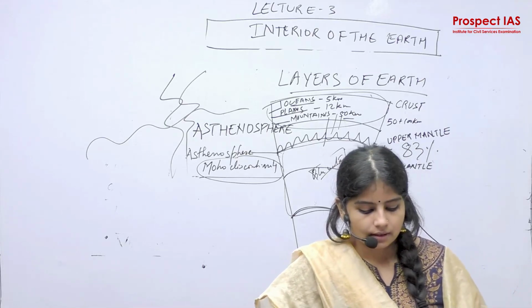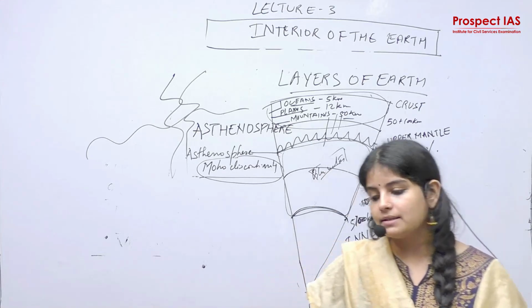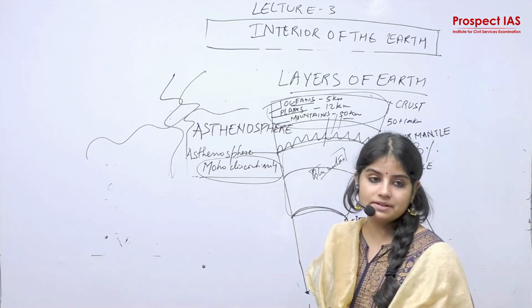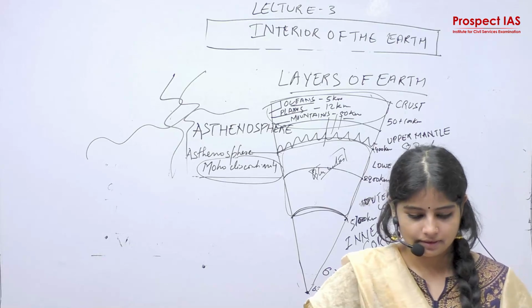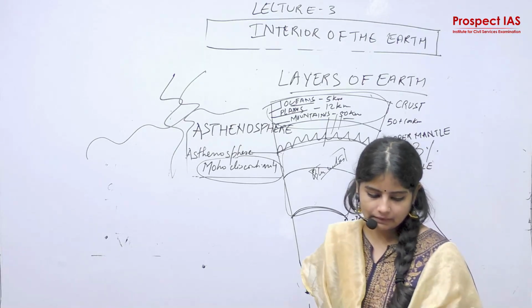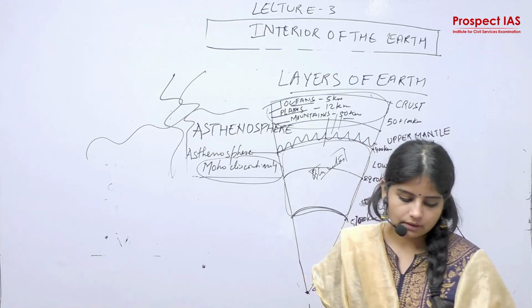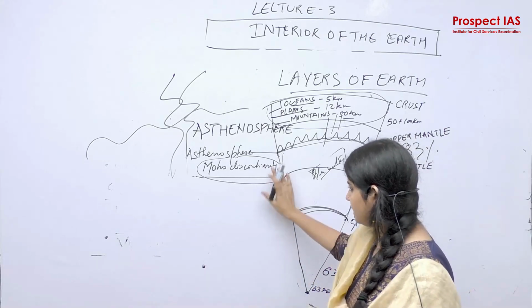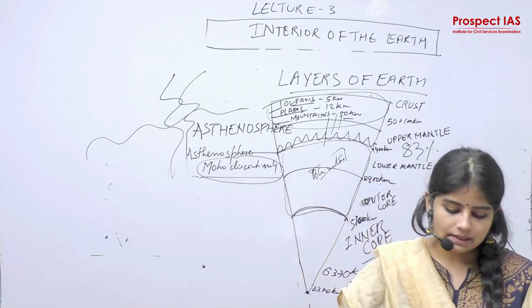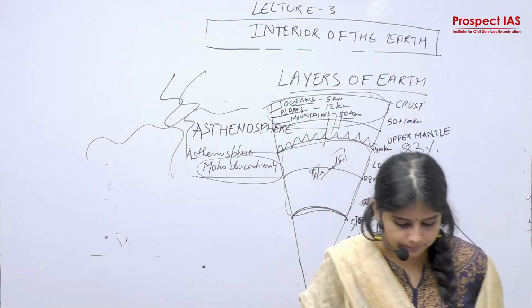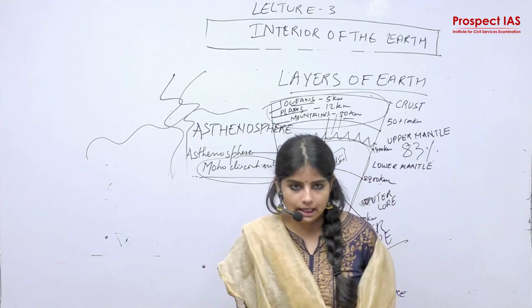Okay. The weakest zone of the Earth's structure lies in the asthenosphere, in the upper mantle zone. Now, Moho discontinuity. The discontinuity is a division between the crust and mantle layer.